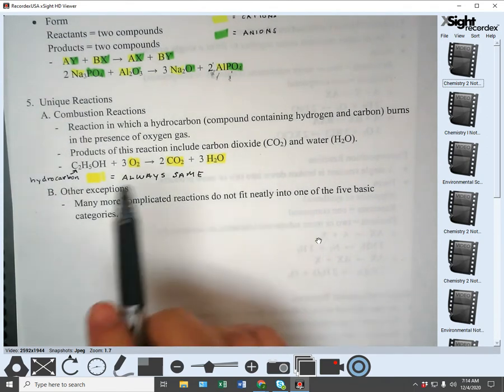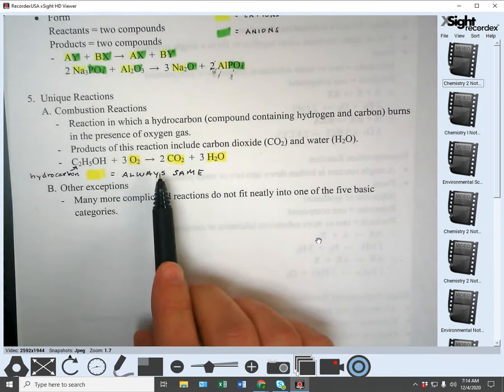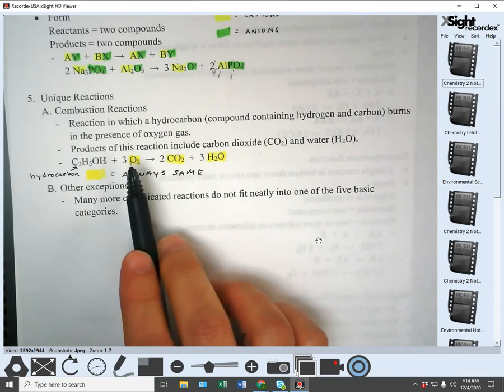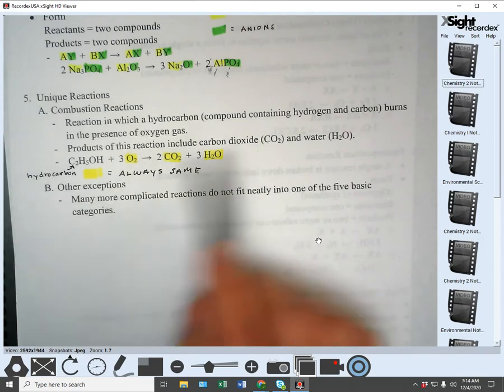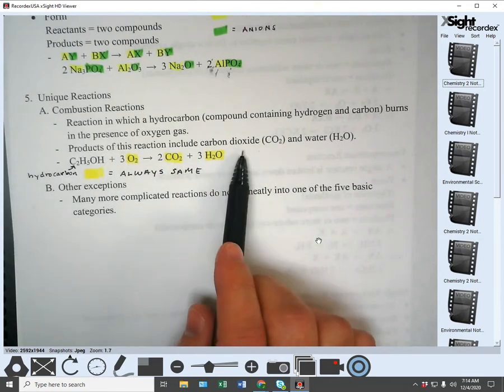Okay. In a combustion reaction, the highlighted ones, the oxygen on the reactant side, carbon dioxide and water, are always the same. It always has to have those parts.